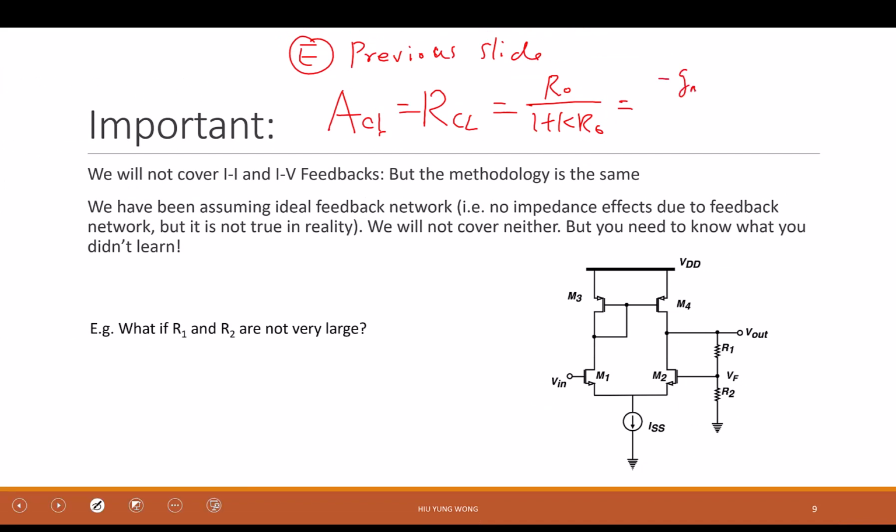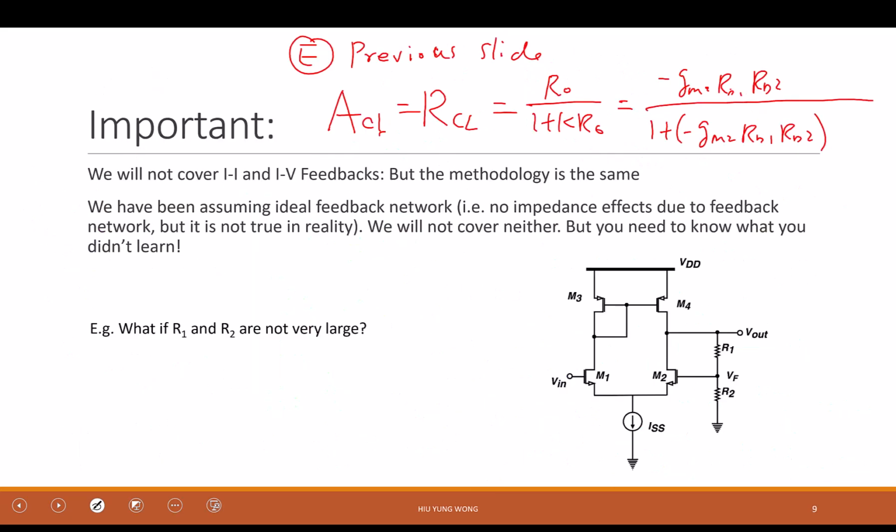Negative GM2, RD1, RD2. And then let me also write the A first. GM2, RD1, RD2. Okay. What is K?